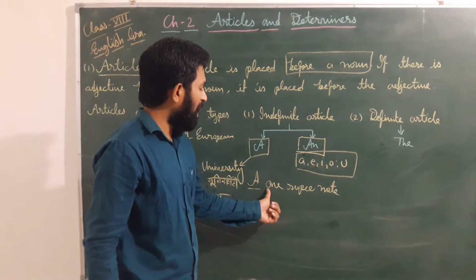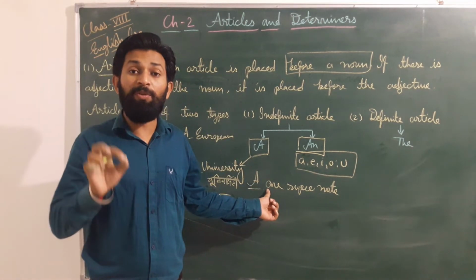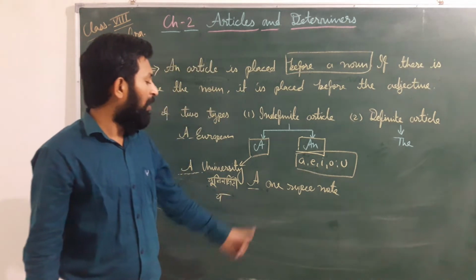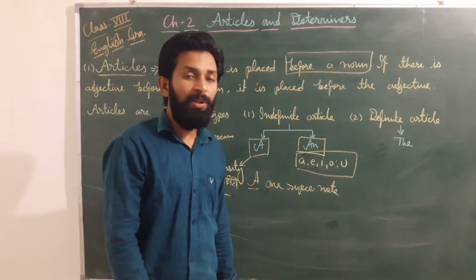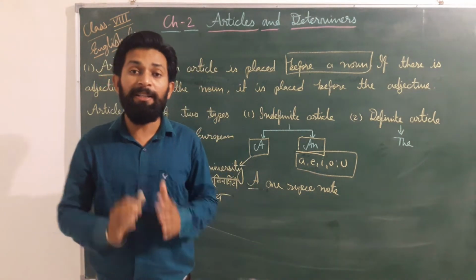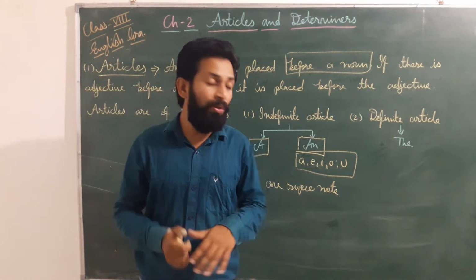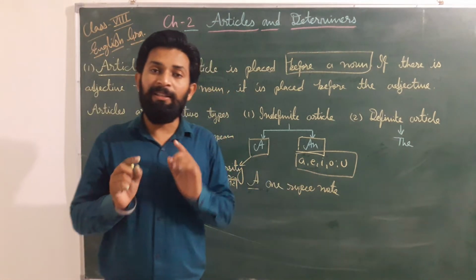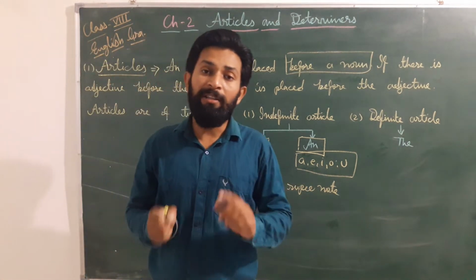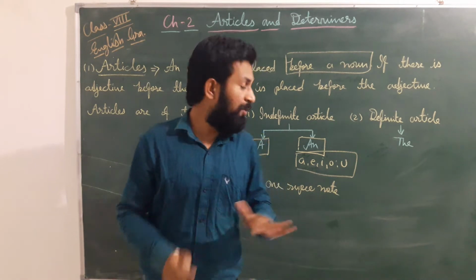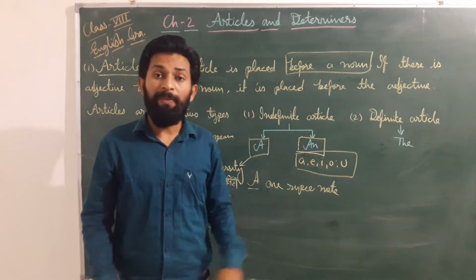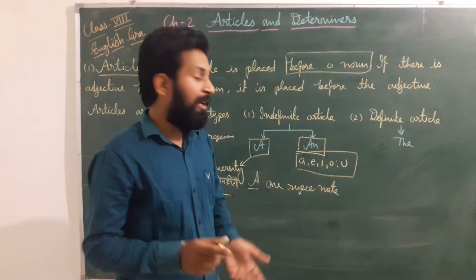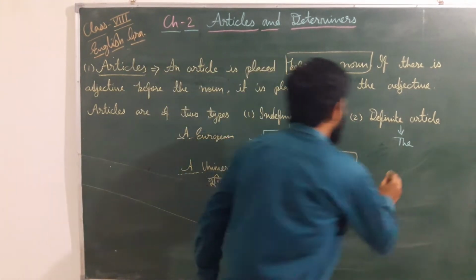Spelling starts with a vowel, but the sound starts with a consonant sound, so we have to write a here. But if in any case the spelling starts with a vowel and the sound is also a vowel, then you have to use an. Or if any spelling starts with a consonant and the sound is like a vowel, then you have to use an.